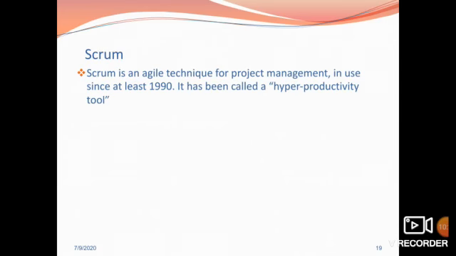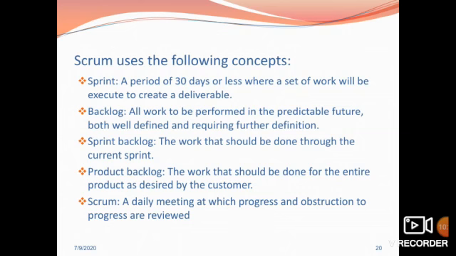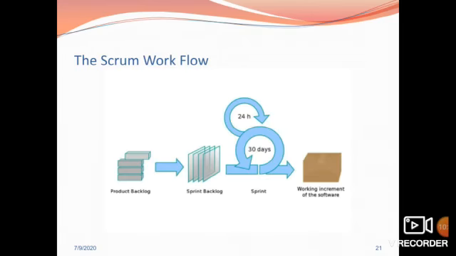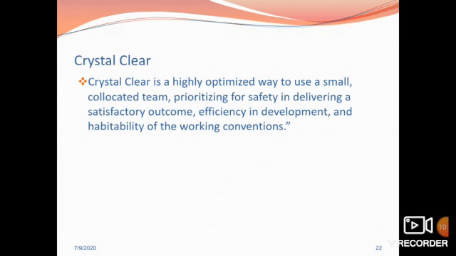It has been called a hyper-productivity tool. Scrum uses the following concepts: sprint backlog, product backlog, scrums. Here also the flow diagram is used: first product backlog, sprint backlogs, and the sprint that is based on days and hours, working agreement of the software.